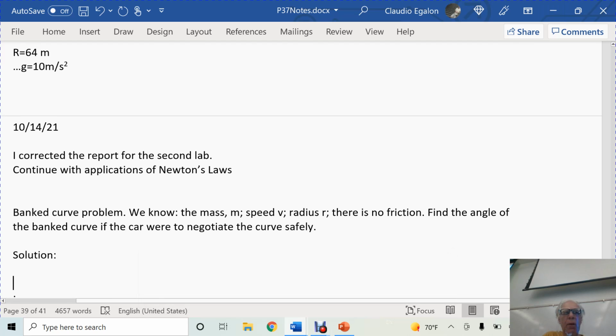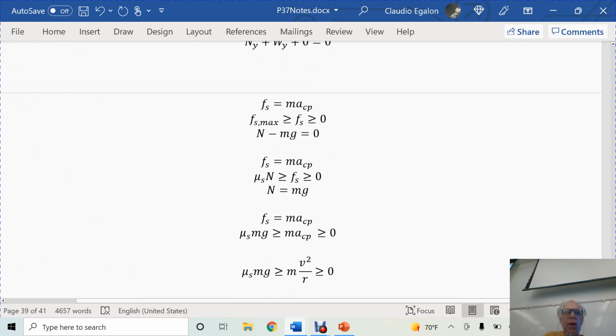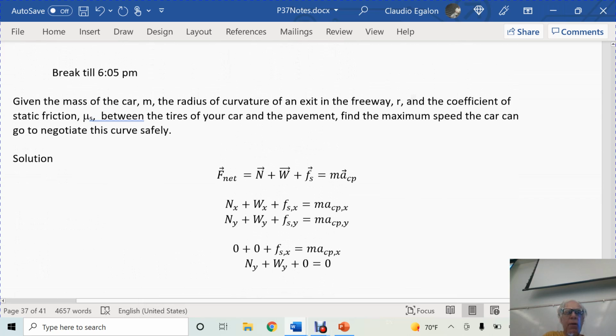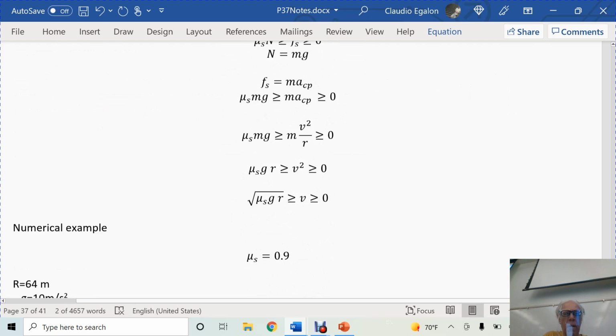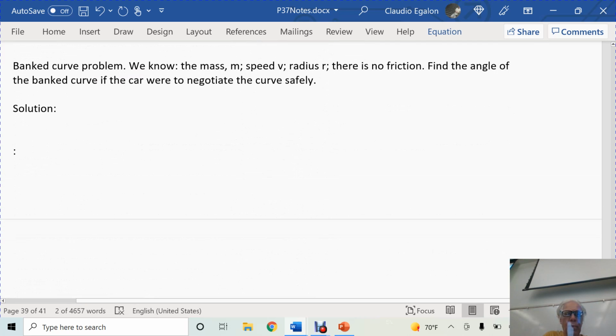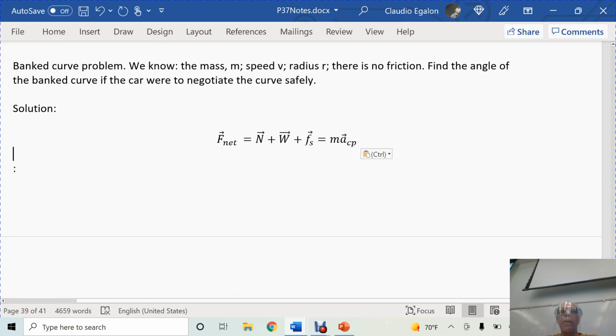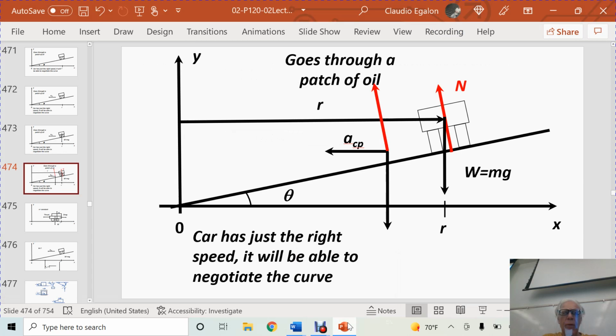So what you're going to do, you're going to set up Newton's laws. Here we go. Net force is going to be equal. Well, in this case, we do not have friction, right? So you can take this one out. We have only the normal and the weight, nothing else.